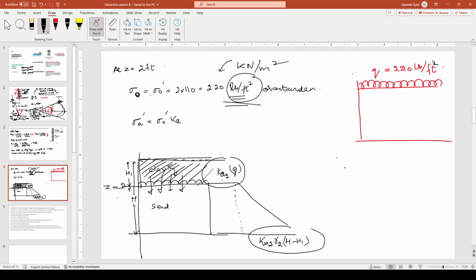What I'm saying is that we convert this into a surcharge, and then the surcharge will be the load, and at the bottom there will be Ka2. Ka2 is 1 by 3, 220 by 3.